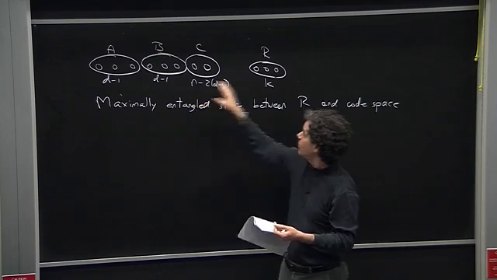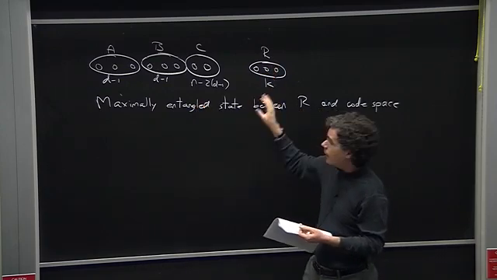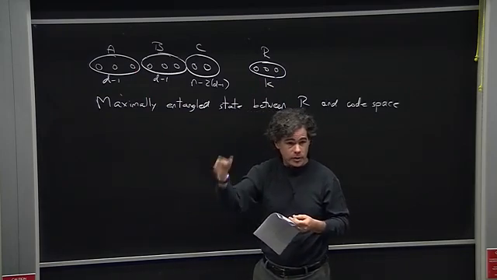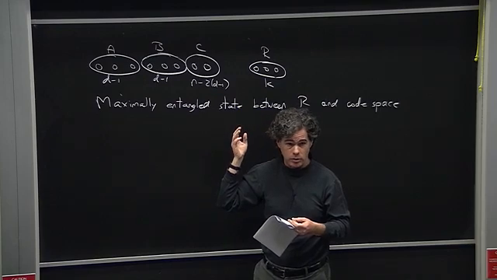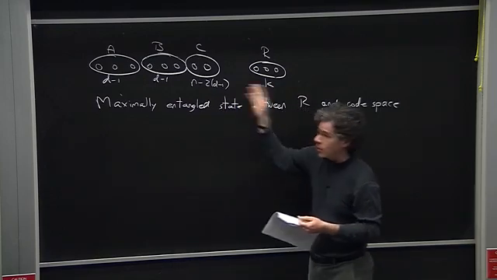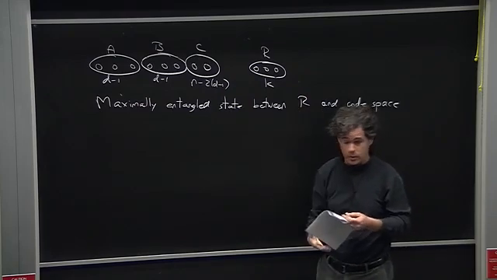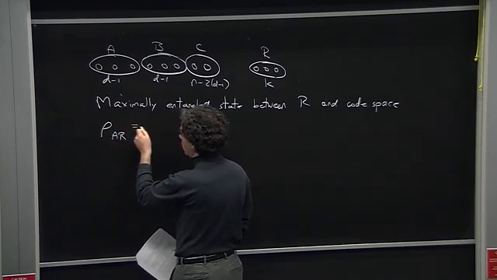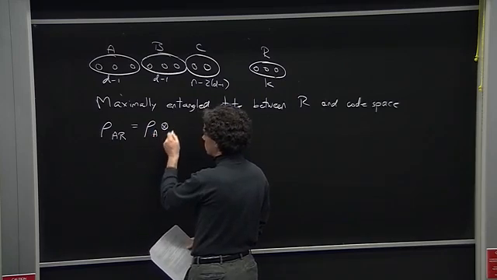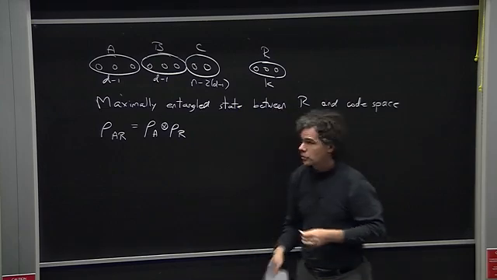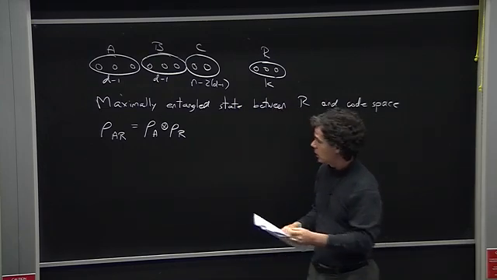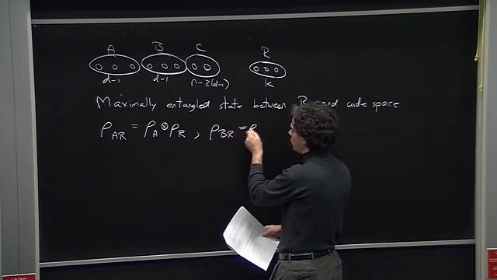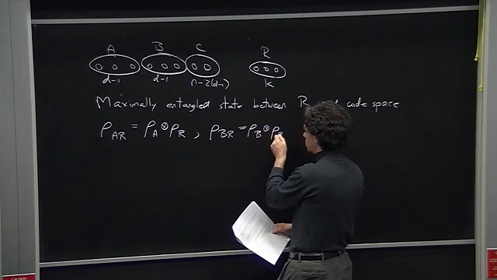Then we get a state that's maximally entangled with R. And therefore, the A qubits that were left over that we didn't use at all had to be in a tensor product with R, because the maximally entangled state can't be entangled with anything else, by monogamy of entanglement. So we know that the density matrix of AR is actually a tensor product. This is when we trace out B and C. And similarly, we can correct for the erasure of B, so we know that rho BR is rho B tensor rho R.